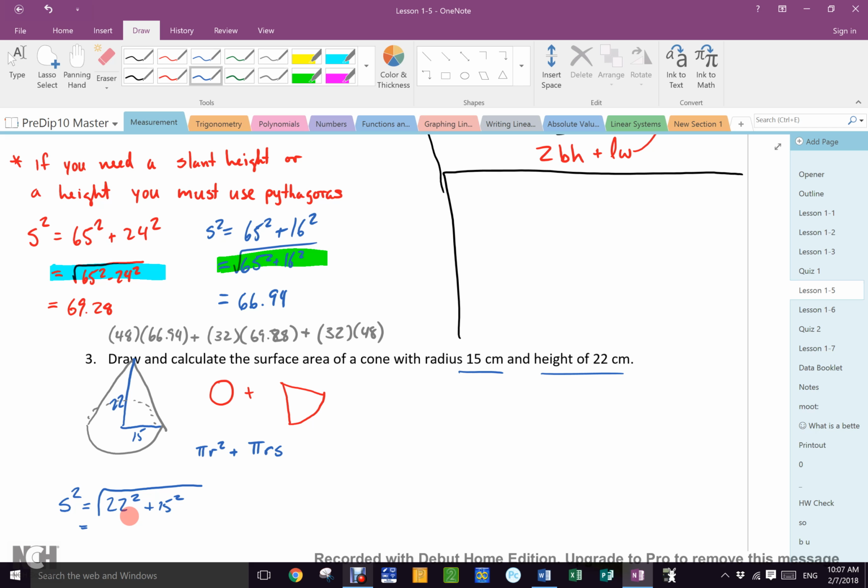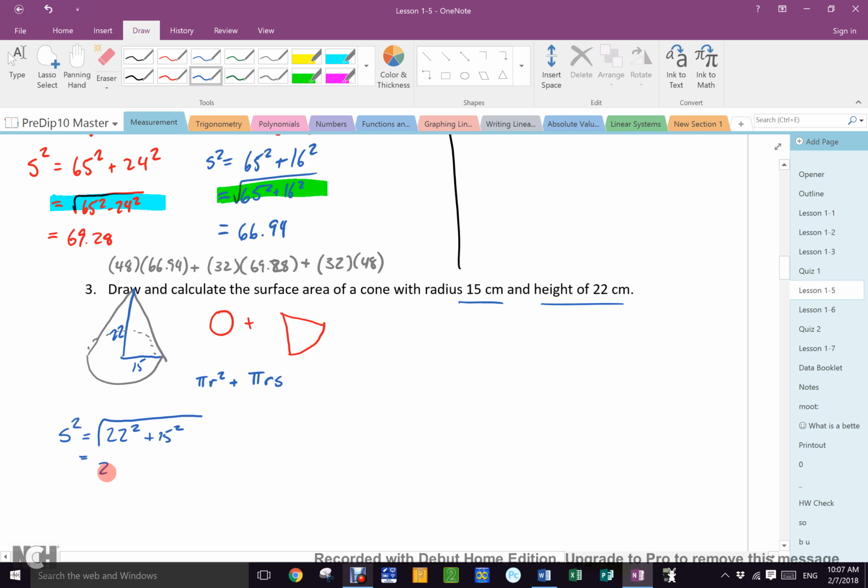Is it S squared? S, slant height squared. What's the answer? How big is our slant height? 26.62. Everyone okay with that? Yeah. Okay. So now, do I know my R? Yeah. 15. Do I know my slant? 26.62.